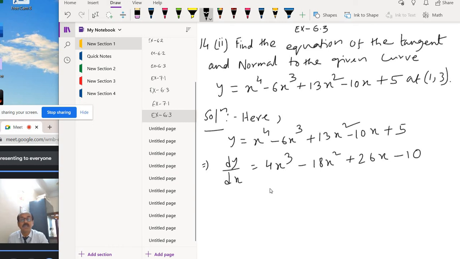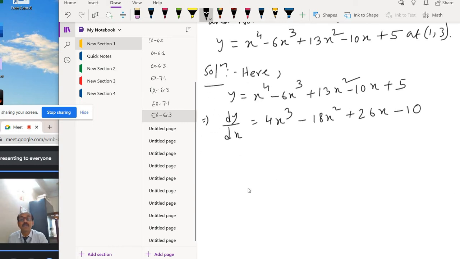Now at (1, 3), dy by dx equal to, that is x equal to 1, y equal to 3.